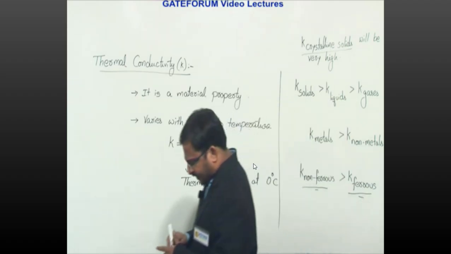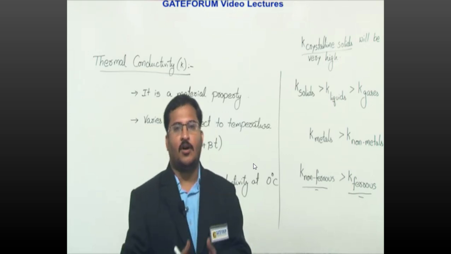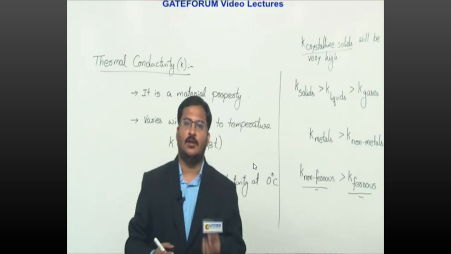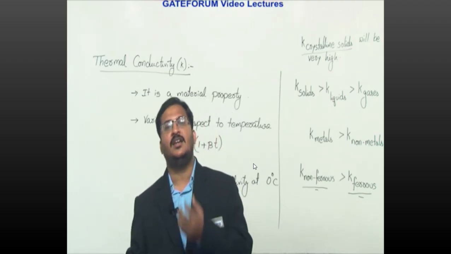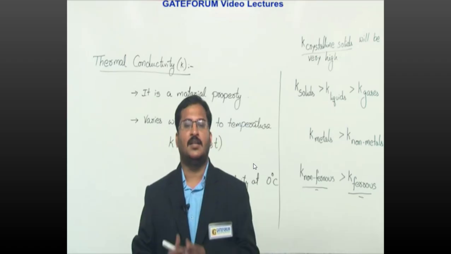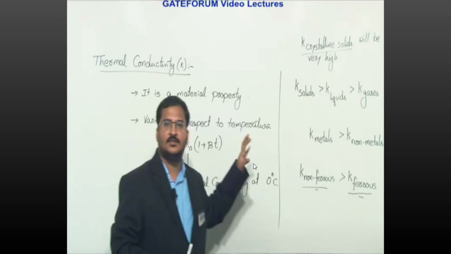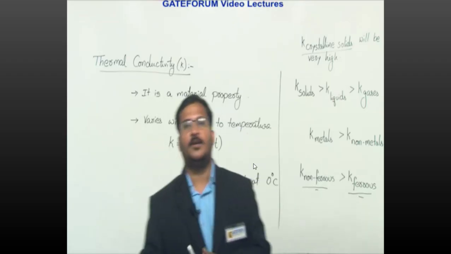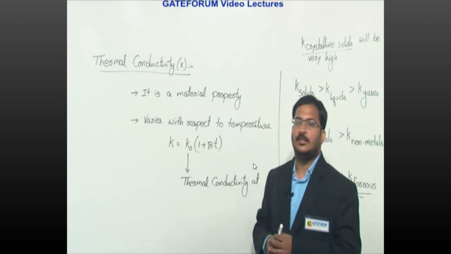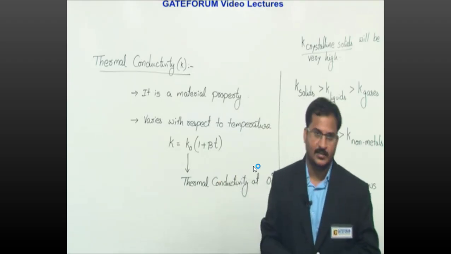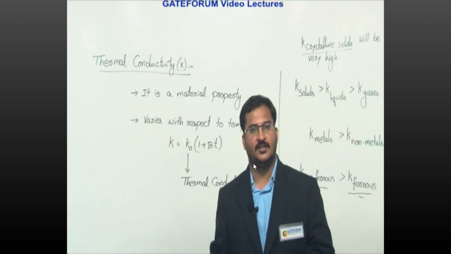Now, when we add impurities like magnesium or some other material to iron or steel, generally their mechanical properties will improve. But thermal conductivity is a property related to thermal analysis, so the thermal properties will decrease when we add impurities.